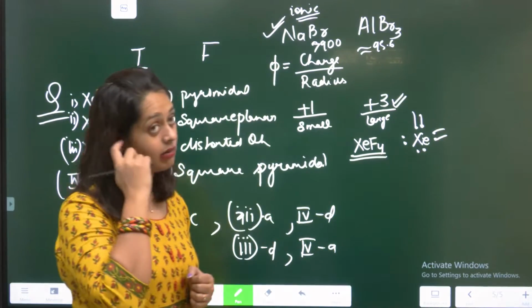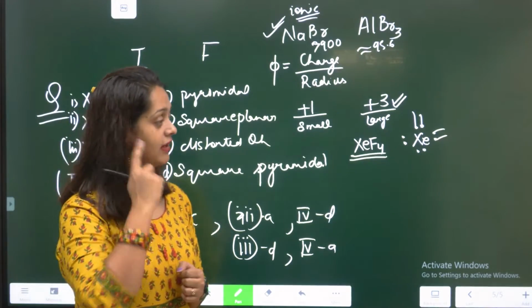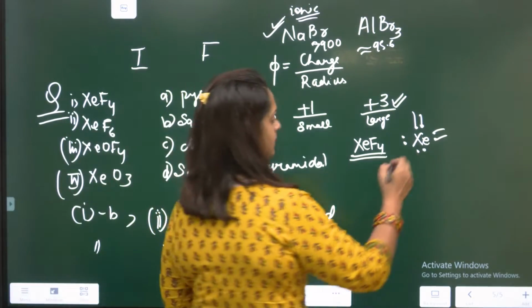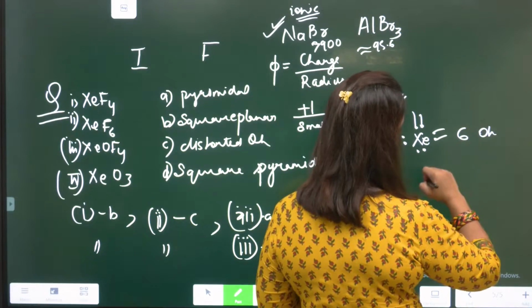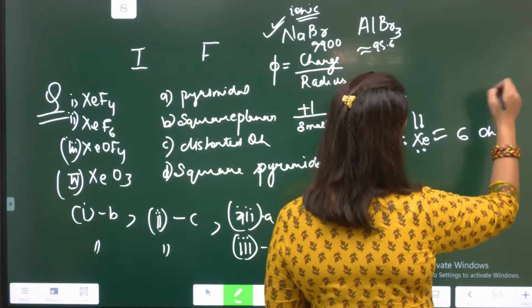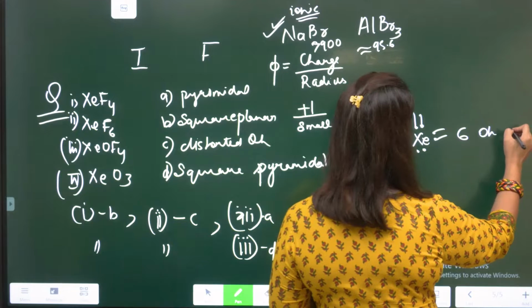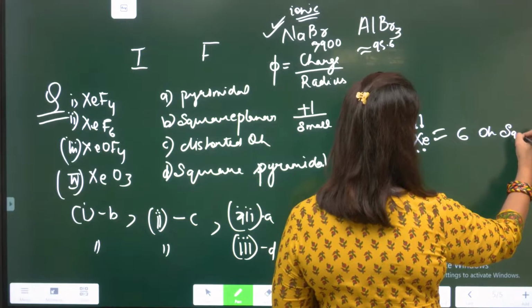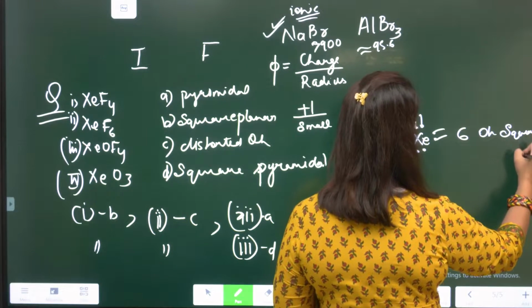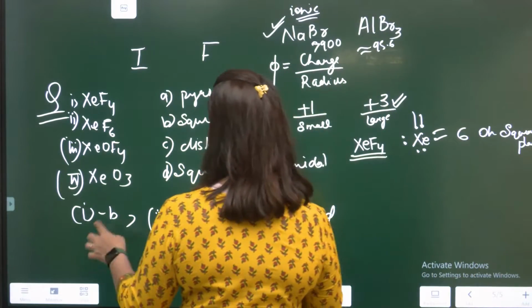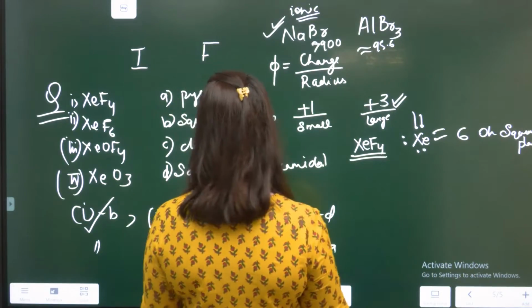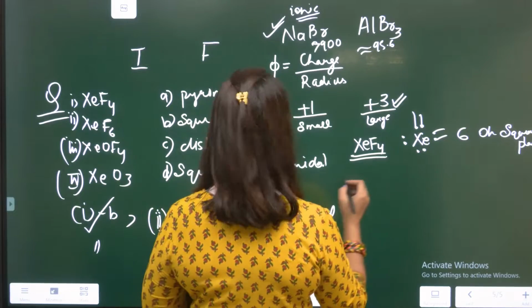So the hybridization number comes out to be 6. 6 is octahedral in geometry. The lone pairs will occupy the axial positions, so the shape would be square planar. Right? There is no doubt, 1 is B. What about second is C, you are saying.